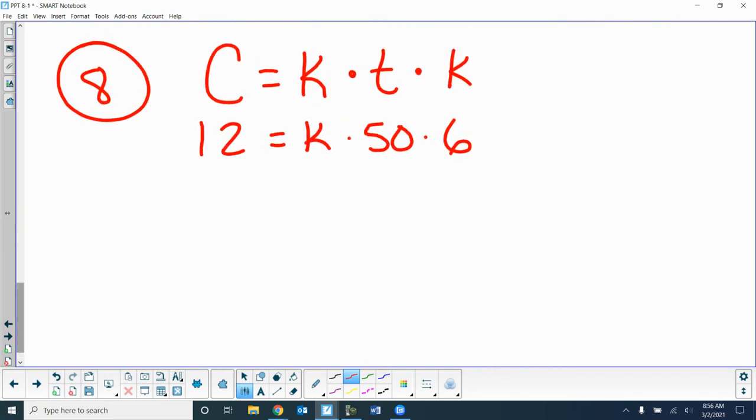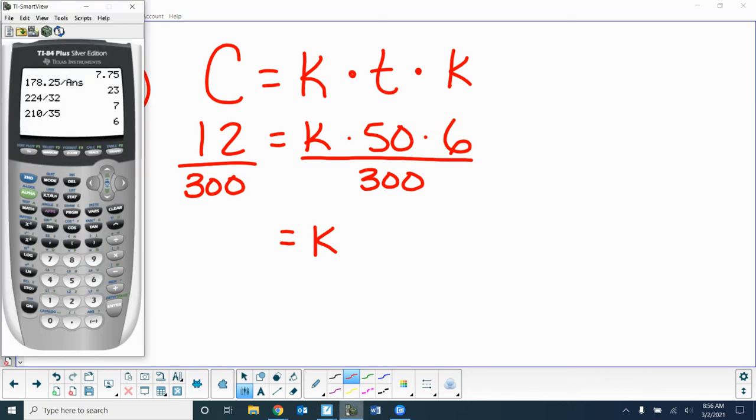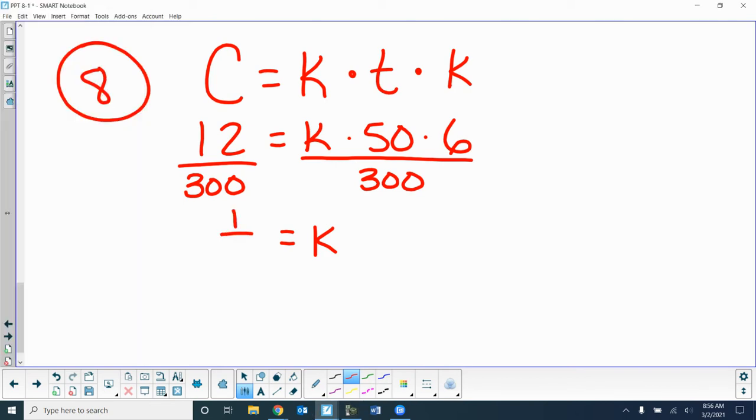All right, so our constant, what's 50 times 6? 300? All right. And that reduces to 6 over 150. And what? 2 over 50? Is that right? My brain is not working very good today. 1 over 25. Yeah, that makes sense. There's 12 quarters and $3, right?